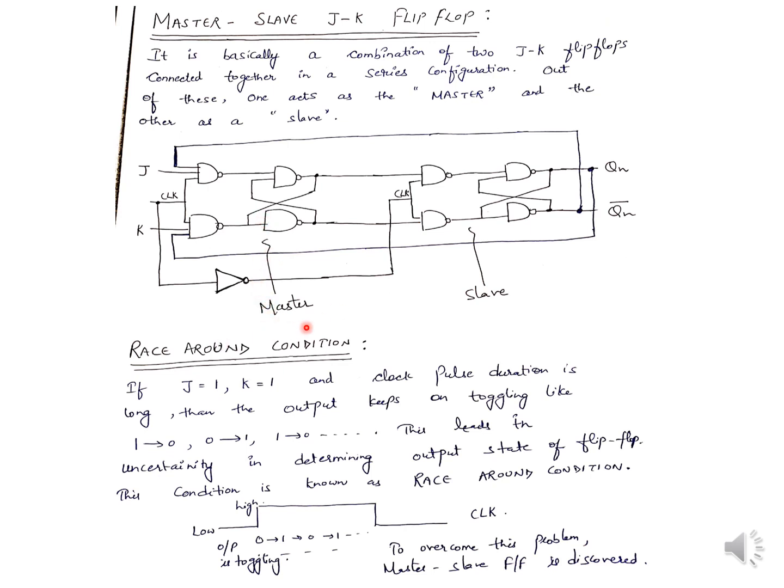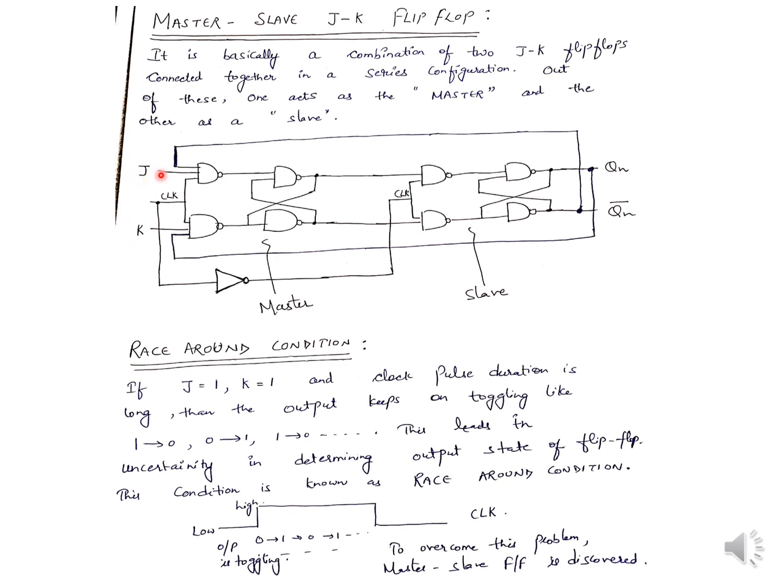As I have mentioned here, one flip-flop is going to act as a master flip-flop, and the other is going to act as a slave flip-flop. Why? Because one is following the other. So basically it is a combination of 2 flip-flops. One acts as a master and the other acts as a slave. If you remember, the toggling condition comes when J equals 1 and K equals 1.